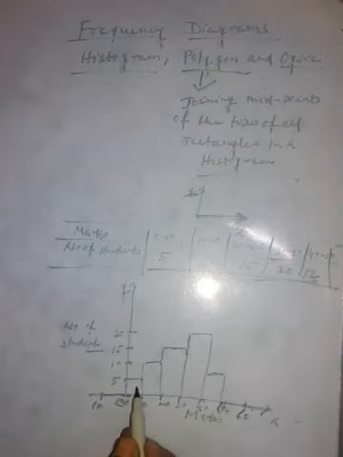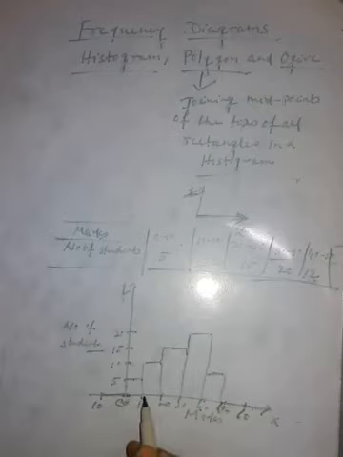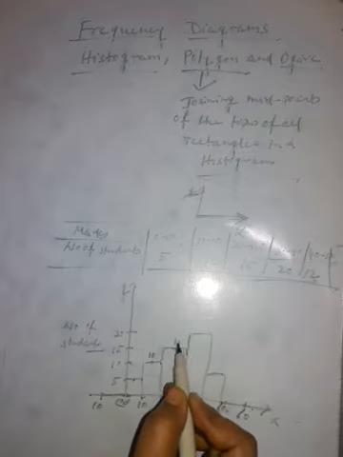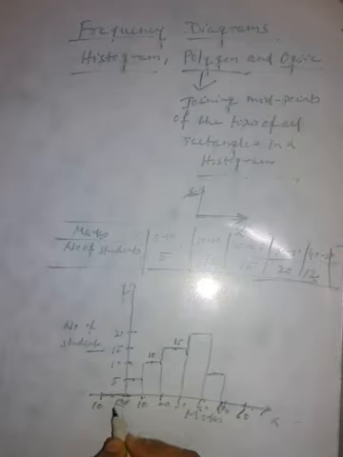So we will draw the polygon by joining the midpoints. The midpoint of 0 to 10 is 10 divided by 2, that is 5. So here 5, then here the midpoint will be 10, here 15, and I will start here at the midpoint, that is -5.